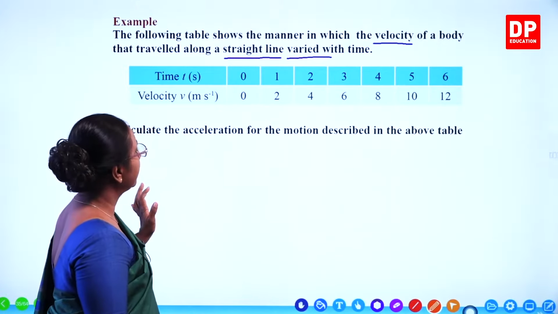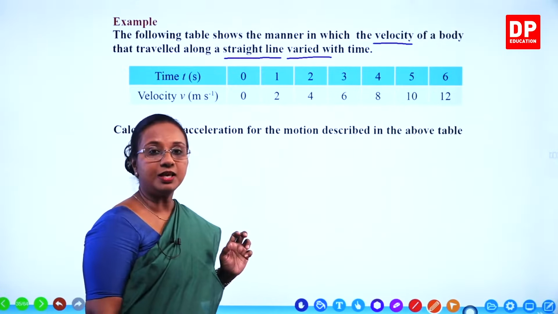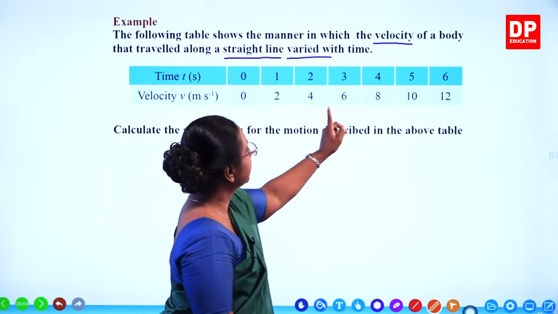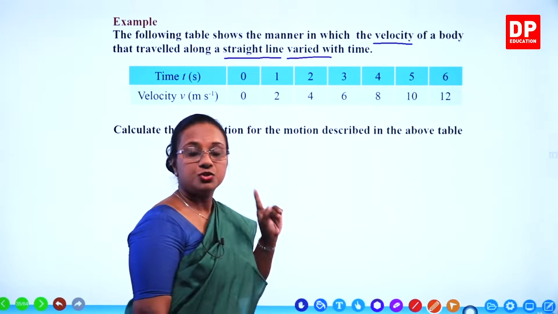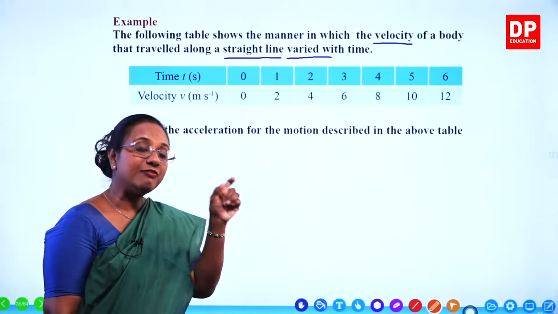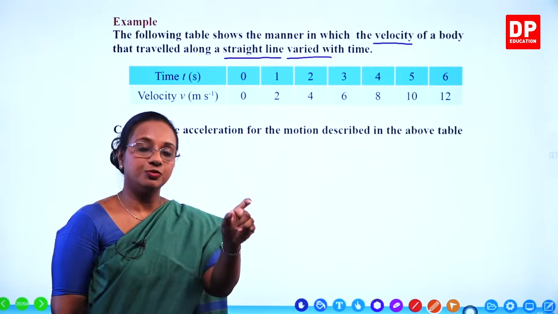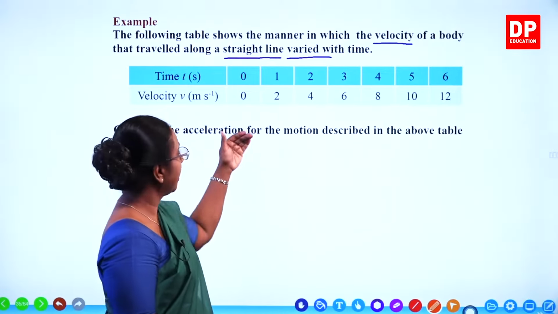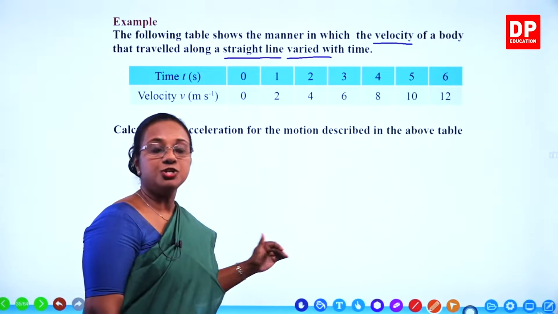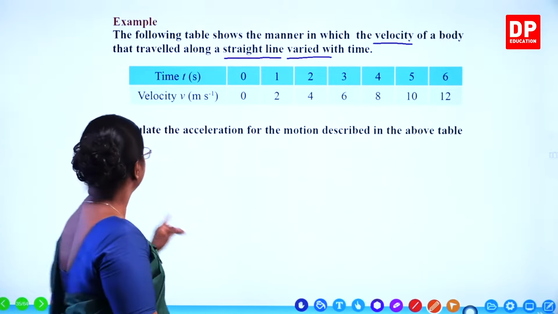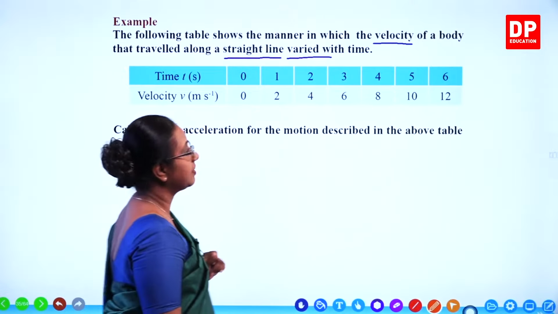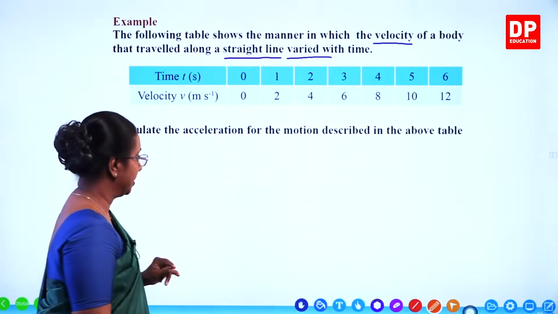If you look at the value, just quantitatively, you can assess the values 2, 4, 6, 8, 10, 12. So you can see that the difference is by 2. So you can get an idea as to what is happening here. Then do the calculation. So calculate the acceleration for the motion described in the above table.